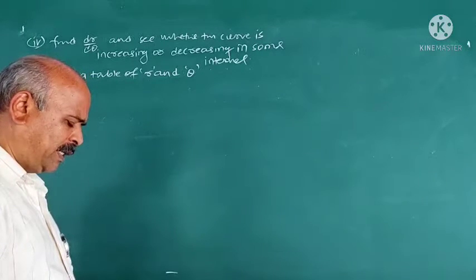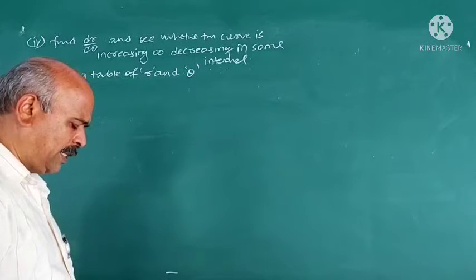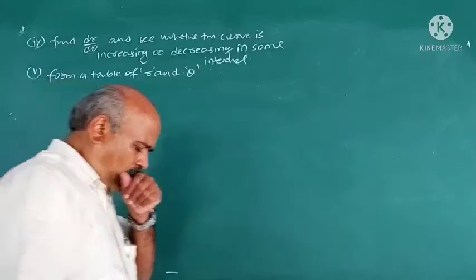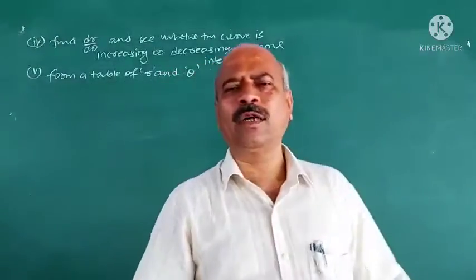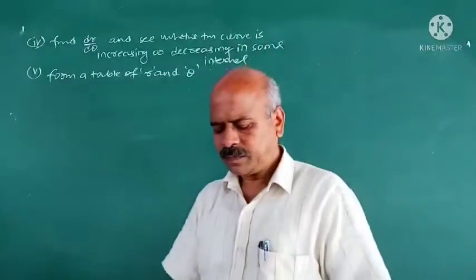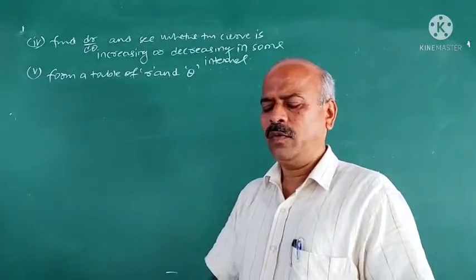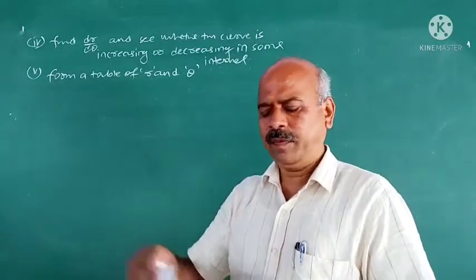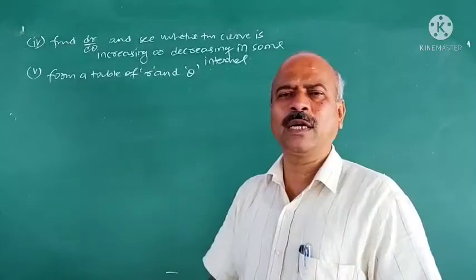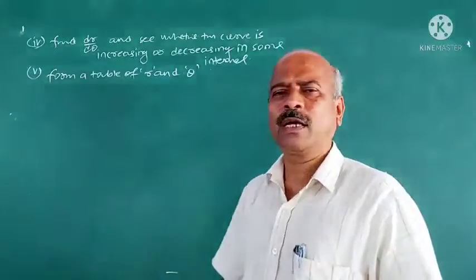Third is we find the region where the curve exists or doesn't exist. Next we find out whether the curve is increasing or decreasing. Next we plot the values of r and theta, from which we can trace the curve. This is about polar curves.